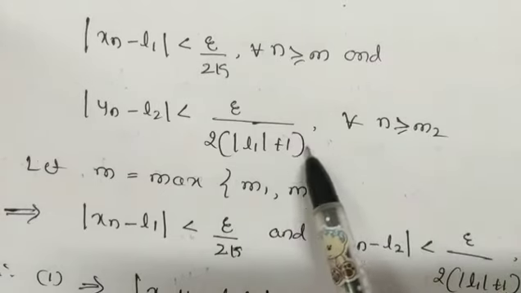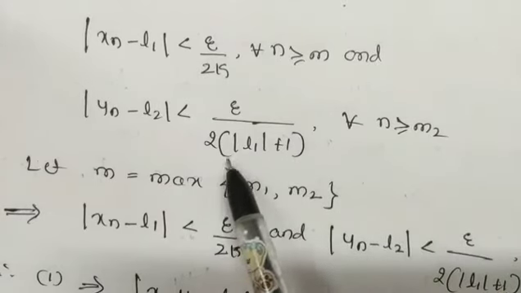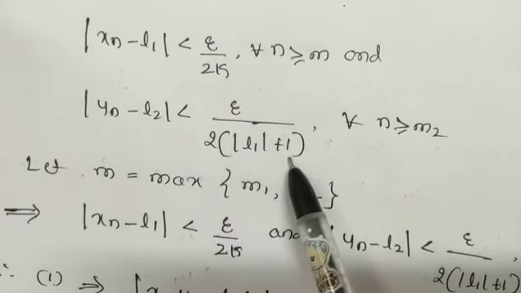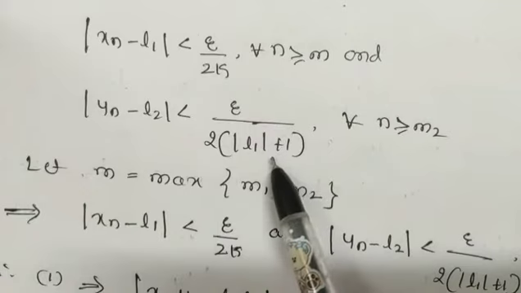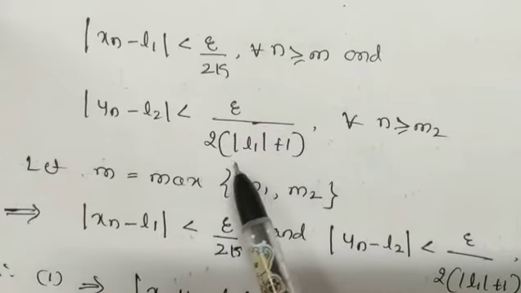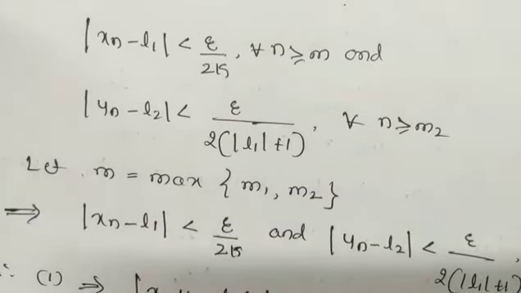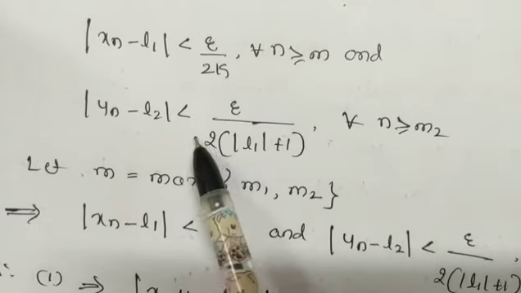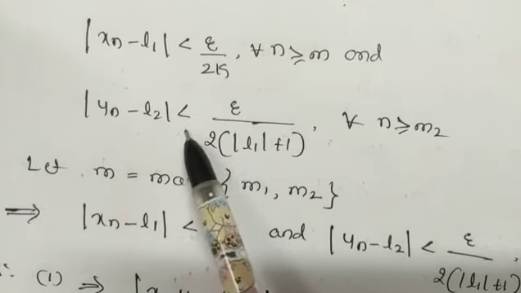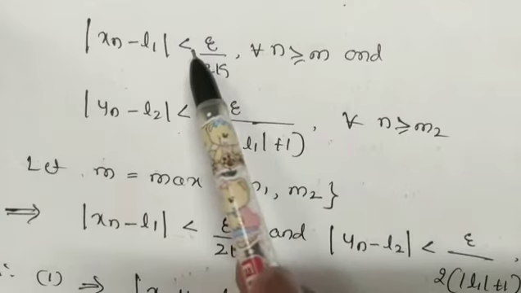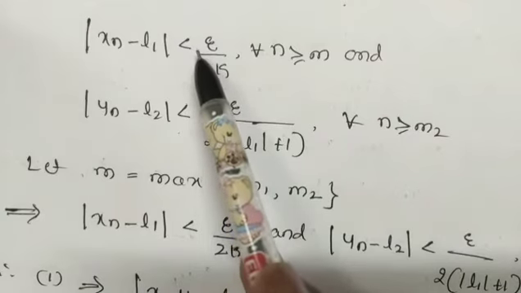I will tell you why we have taken 2k here and 2 into (mod of L1 plus 1) here. Because you want to get the result, you have to take it like this. In the previous equation, in the second term we have mod L1 outside, isn't it? In the first term we have k outside.